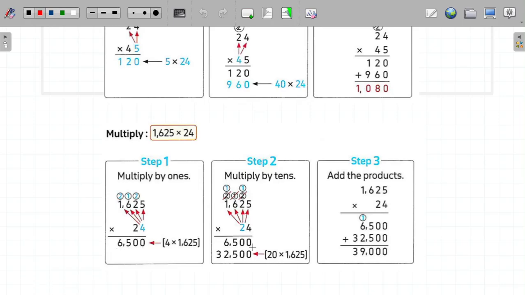After that we will multiply 1625 times 2, but before that we will write 0 before the result. So it will be 32,500. After that we will add the two numbers to get the final result. So it will be 39,000.